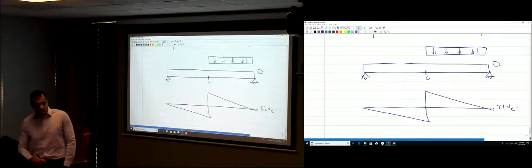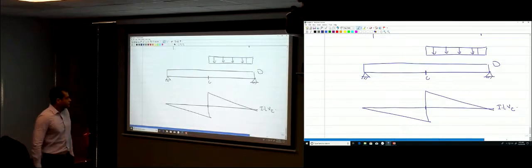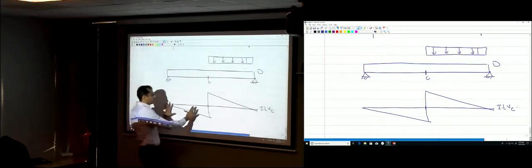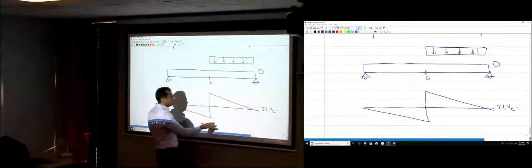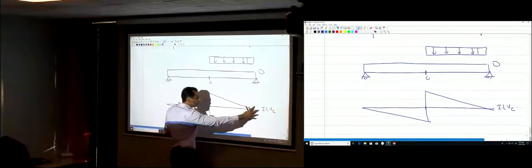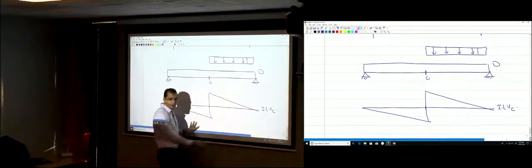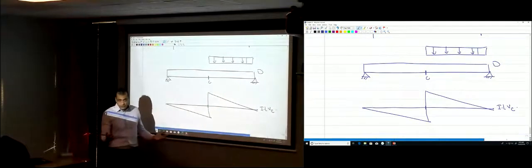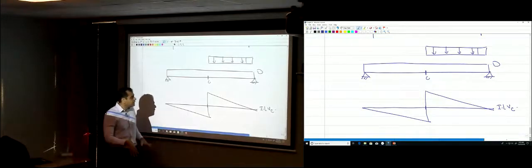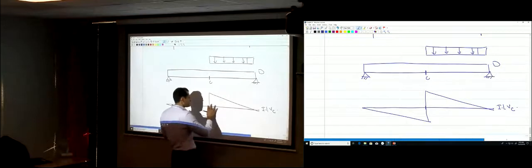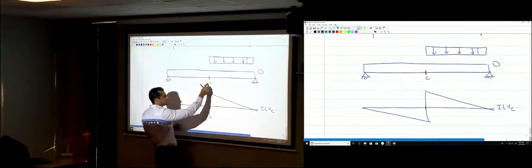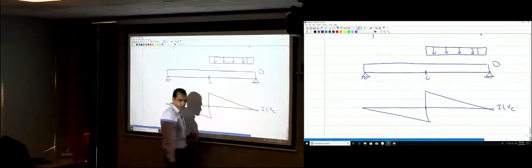If you have a load here, it's going to give you a negative shear. If you have a load here, you're going to have a positive shear. If you apply the load over the entire beam, then the negative shear is going to cancel the positive shear, so you're going to have zero shear. But to maximize it, you just put the load here, so that the shear here is maximized. It's the maximum positive shear. Okay?